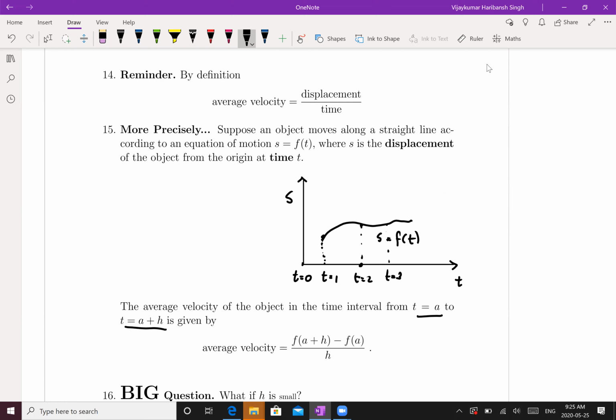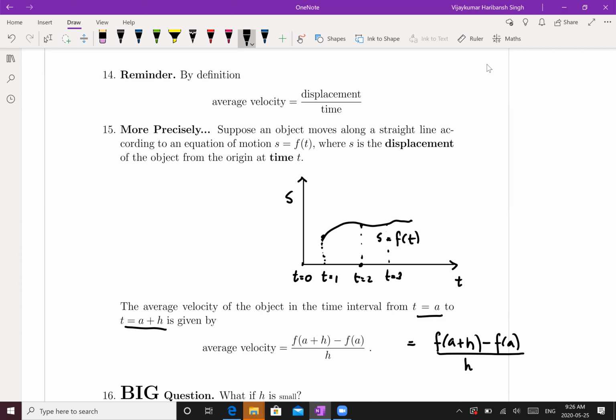The average velocity is given by the displacement, which is where the particle is at time t equals A plus h, minus where the particle is at t equals A, divided by the time difference between them, right? The difference between them is h. So this represents the average velocity, all right?